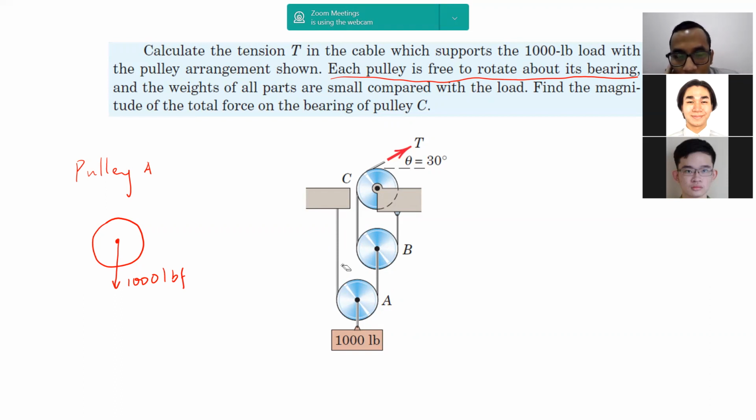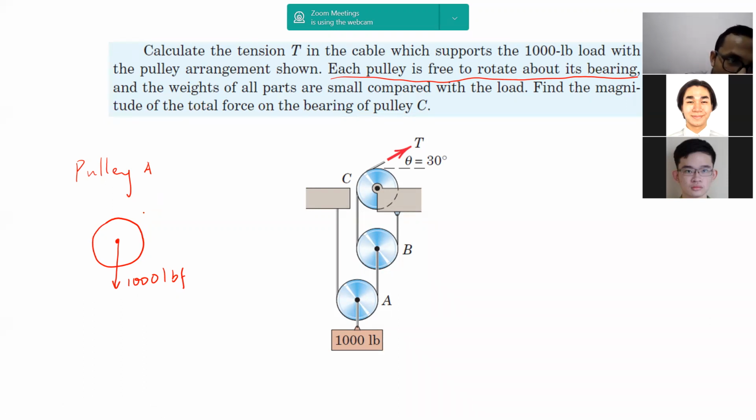So when we have ropes there, that means we will have a tension, right? Yes. So at the sides of the pulley, we're supposed to have a tension. And when we talk about tension, the direction is supposed to be in tension, right? Yes. So what am I supposed to draw here then?